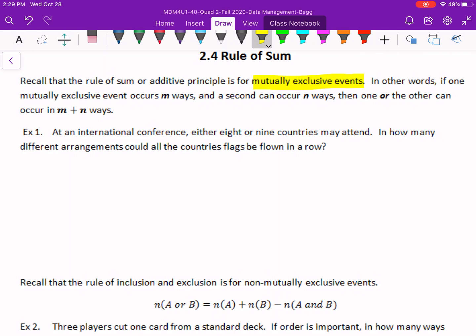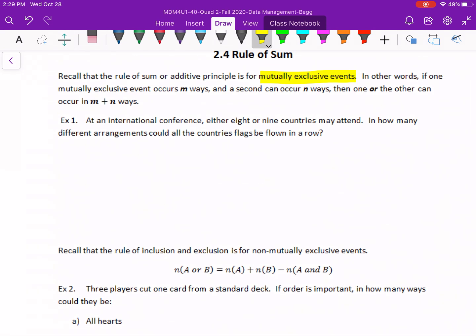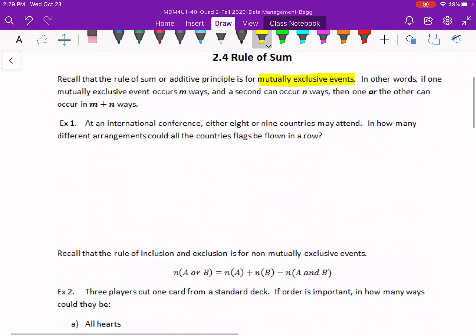The Los Angeles Dodgers just won the World Series, and they were playing the Tampa Bay Rays. So either the Dodgers won or the Tampa Bay Rays would win the World Series. Those are mutually exclusive events. They couldn't both win. You name it. Anything where one choice rules out the other is mutually exclusive.